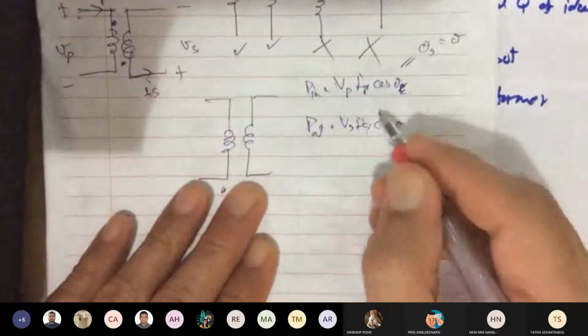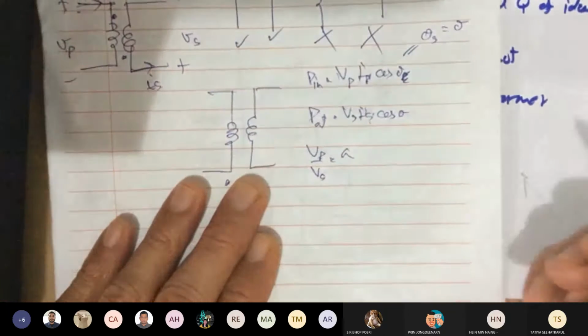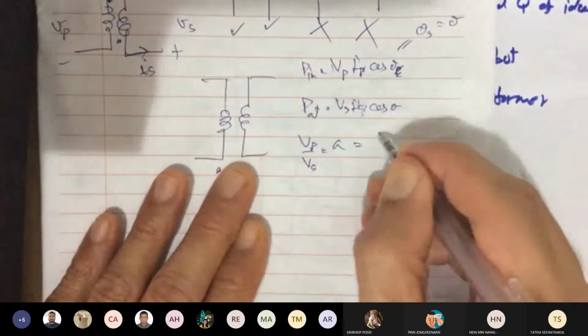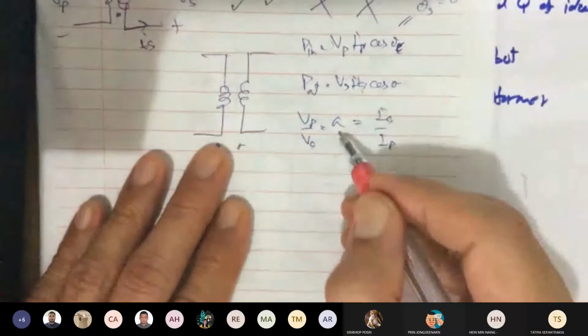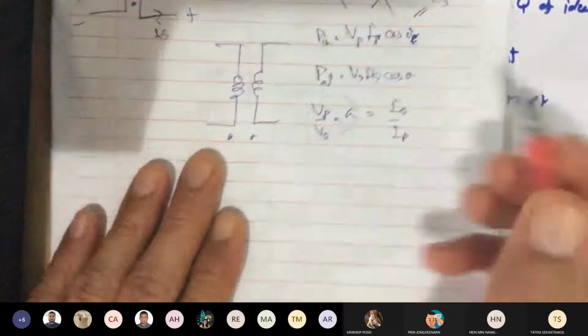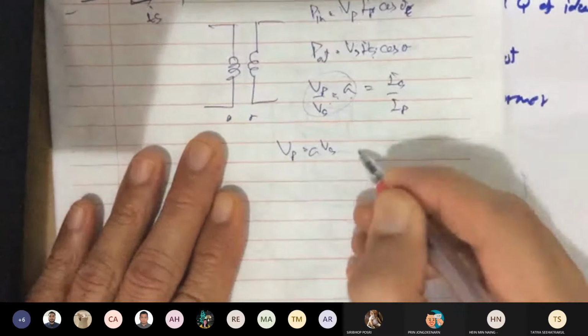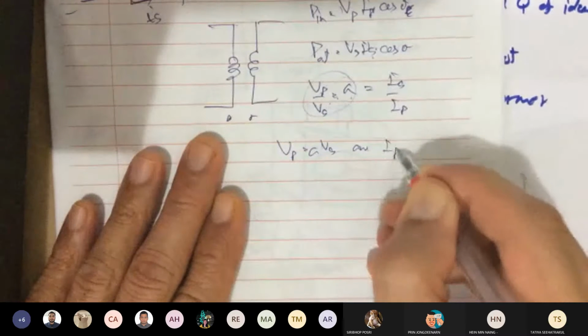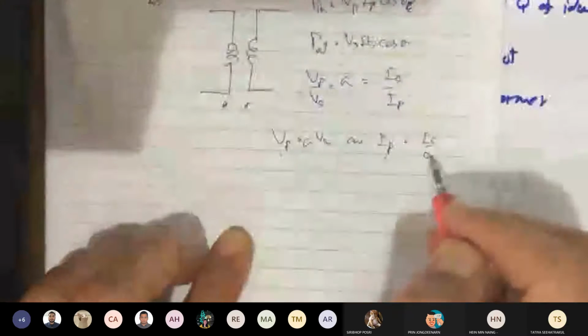We know the voltage ratio, VP over VS equals A, right? Which equals IS over IP. So if I express this in terms of primary parameters, I will get VP equals A VS and IP equals IS over A. So far so good.